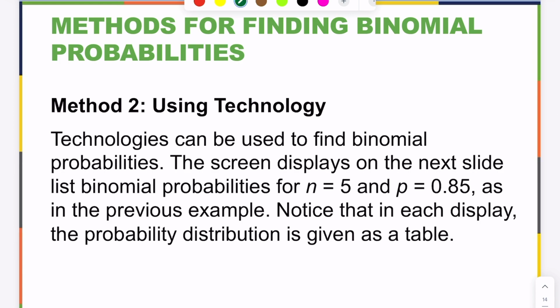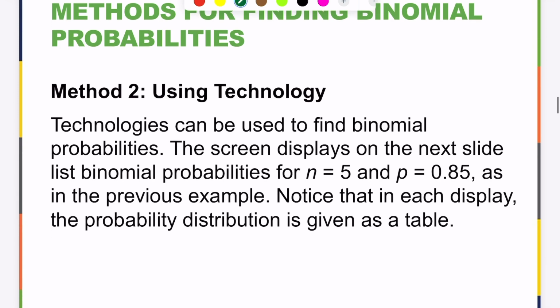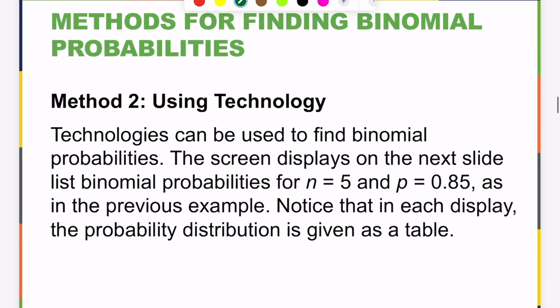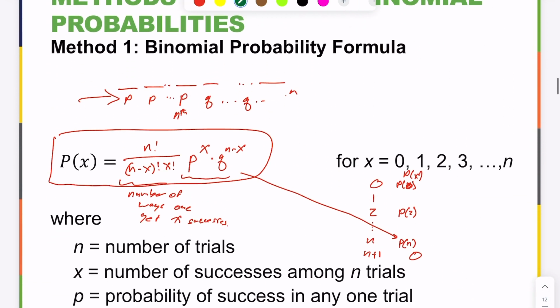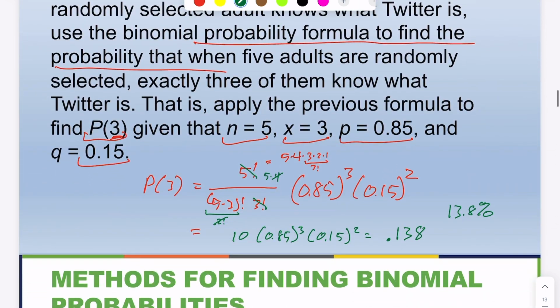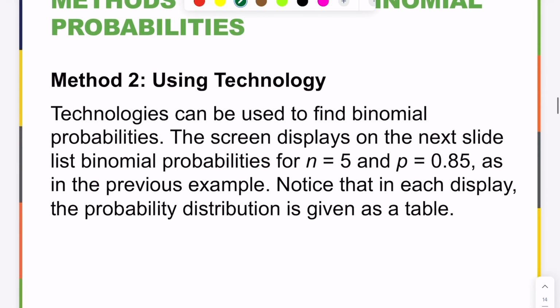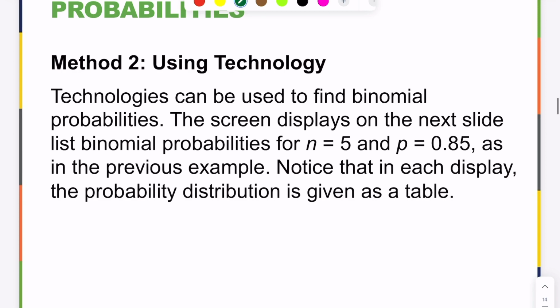Methods for finding binomial probabilities. All right, so we did that example, and now we're talking about how to find it. Method 2, using technology. The first method we used was this formula here, which can be computed with some difficulty, but it can be computed. Now we're going to talk about using technology. Technologies can be used to find binomial probabilities.